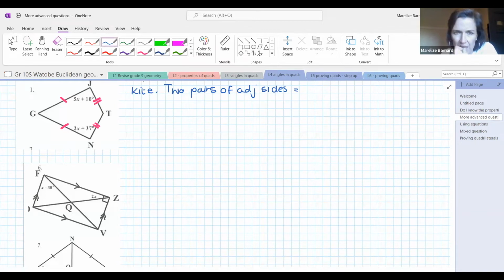Now that we know it's a kite, we're going to use its properties to solve for x. Which property can we use to solve for x here? Come, let's move a little bit faster, grade 10s.